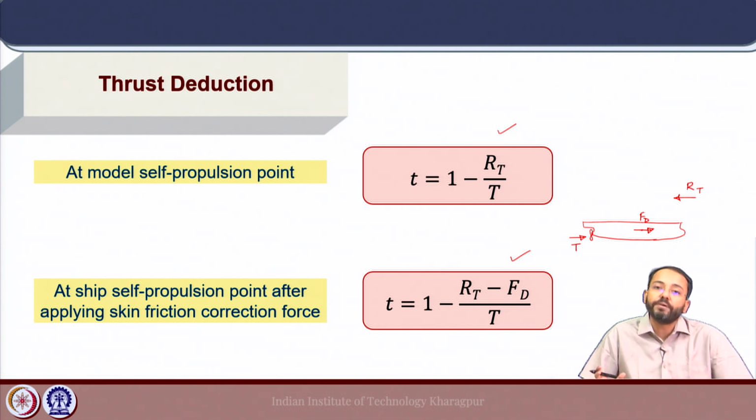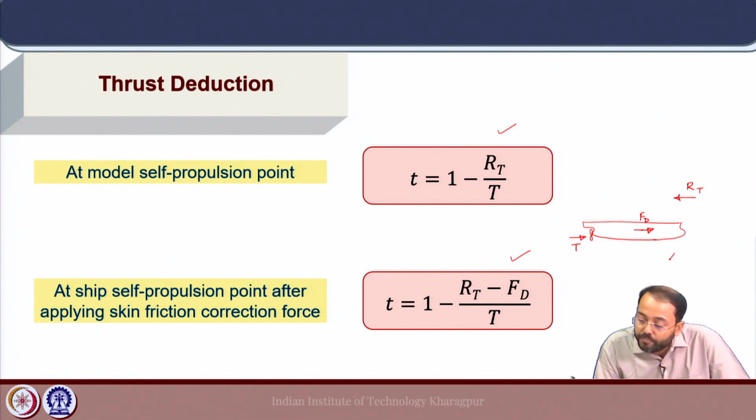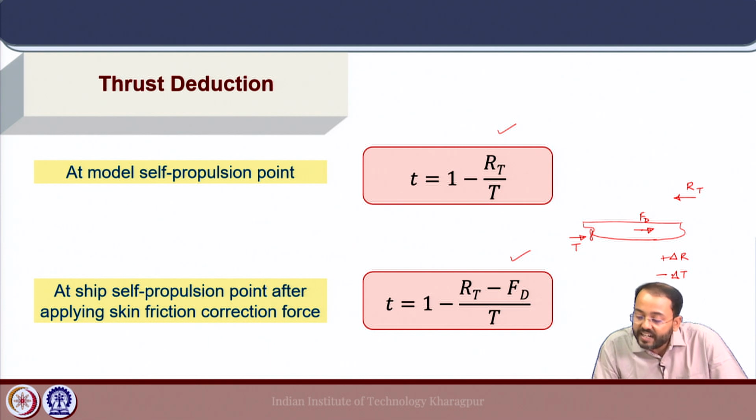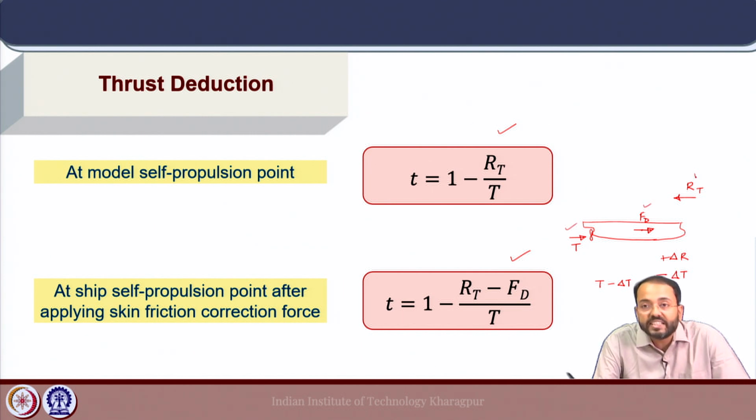So, in the self propelled condition the resistance will be increased, and we take care of that not by an increase of delta R, but by an equivalent decrease of the thrust by an amount delta T. And to balance for that we write T as T minus delta T, because we are balancing these values T and Fd with the resistance measured during the resistance test.